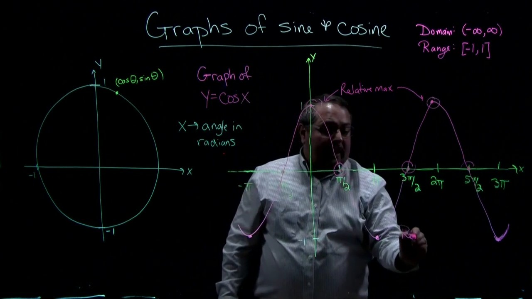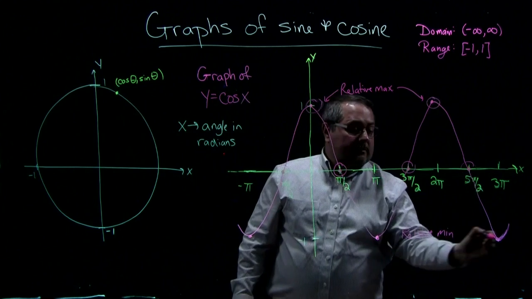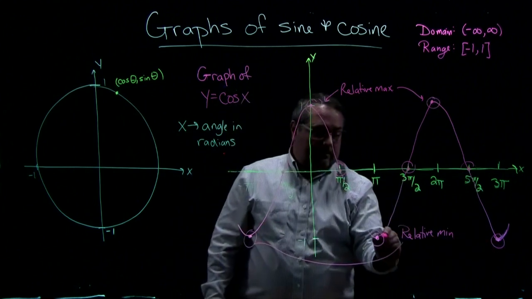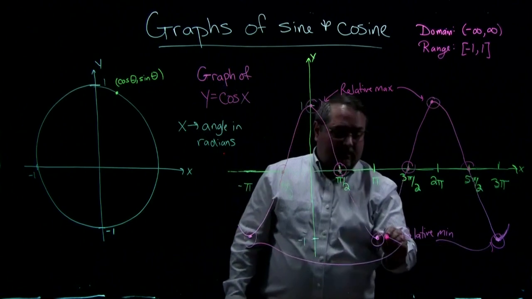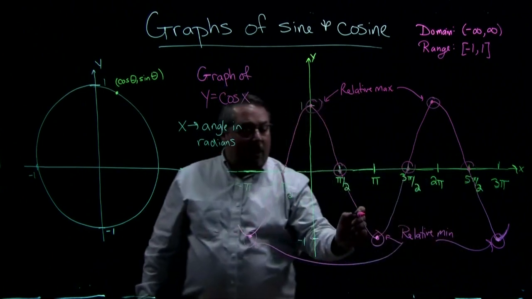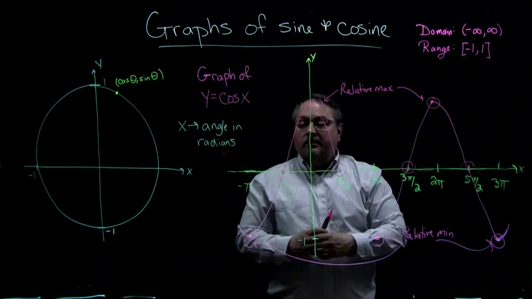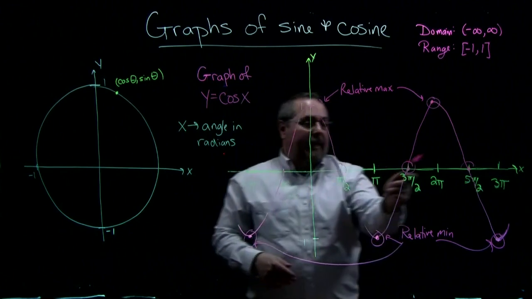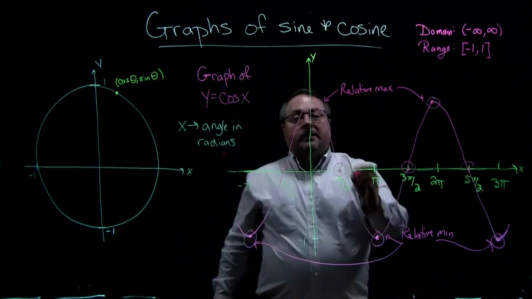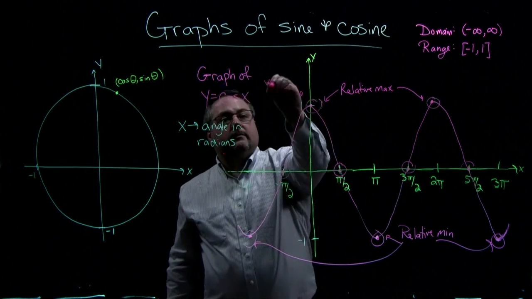We're going to have the bottoms of our hills, the relative minima, at all the places where the cosine is negative 1. Okay, so those are going to be at all the angles that are coterminal with pi. So pi, 3 pi, minus pi, and so on. We see that we have a y-intercept at y equals 1.